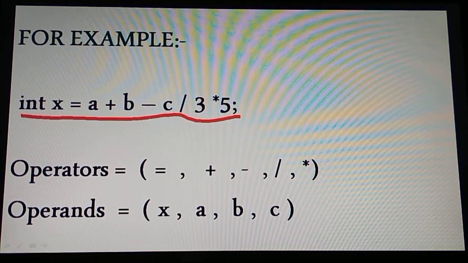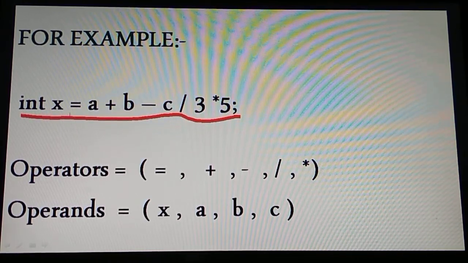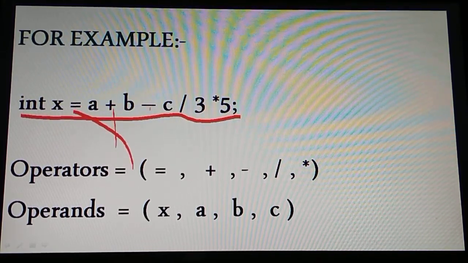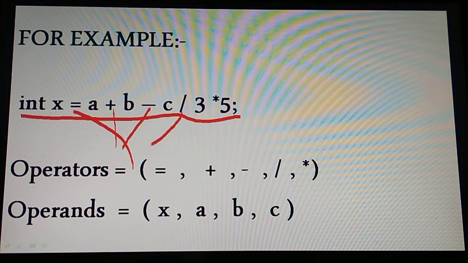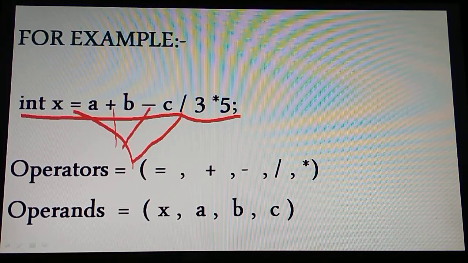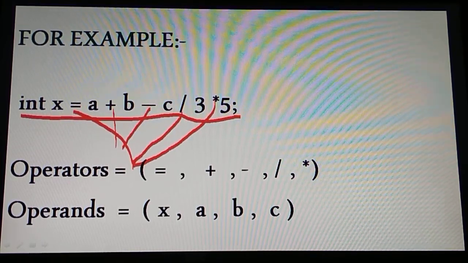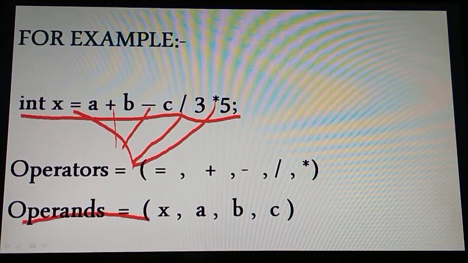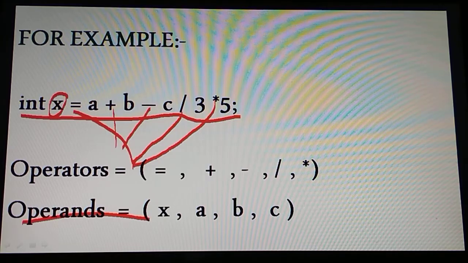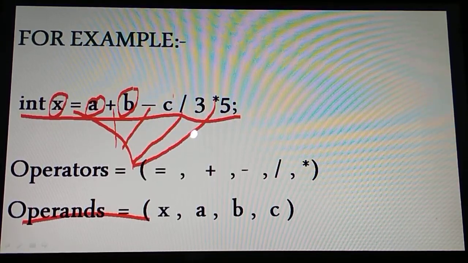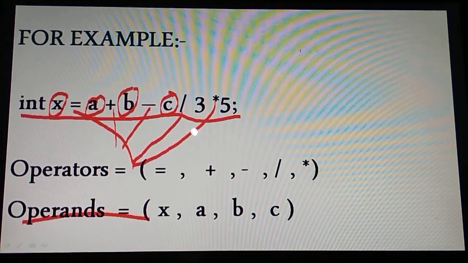So see here, the operators are: equals is an operator, plus is an operator, minus is an operator, the slash for division is an operator, and this into sign, this star, is an operator. And what are the operands? The operands are x, a, b and c in this example.